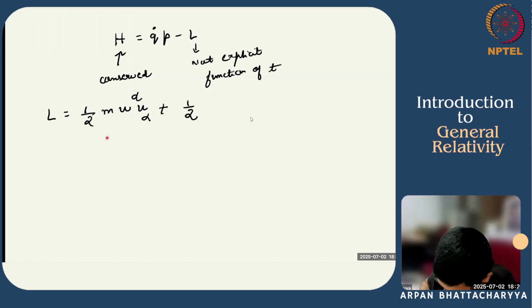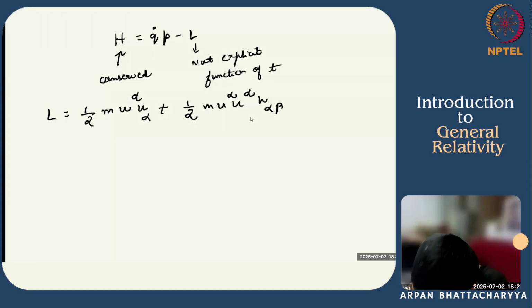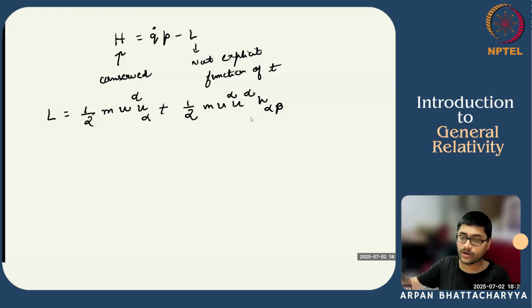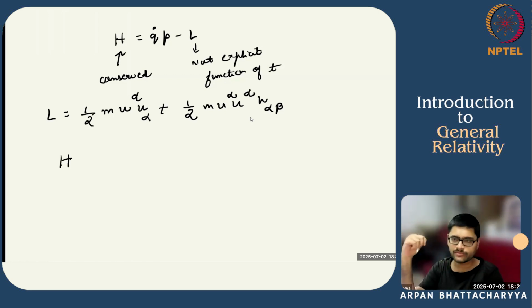This is the free part, and then there is a term coming due to the Pauli field potential. Right. Now this L is again not an explicit function of time. Hence, we can write down this quantity H.